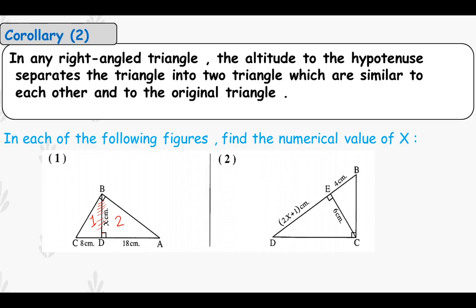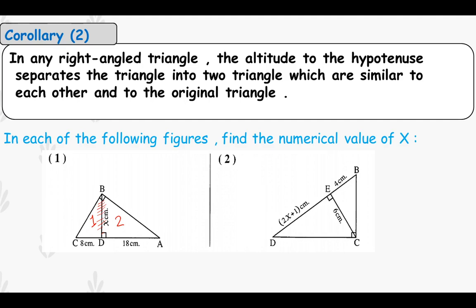So triangle CDB will be similar to the large triangle, and triangle ADB will be similar to the large triangle, which is ABC. This theorem is known as Euclidean theorem, and we have studied it in second prep.